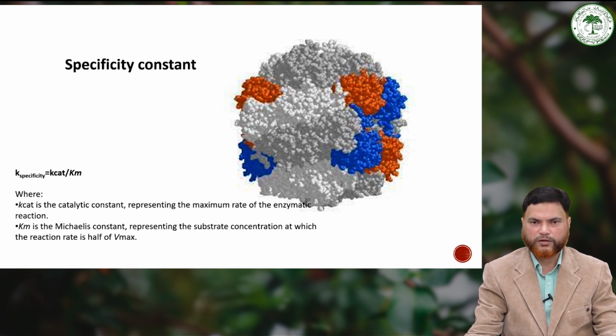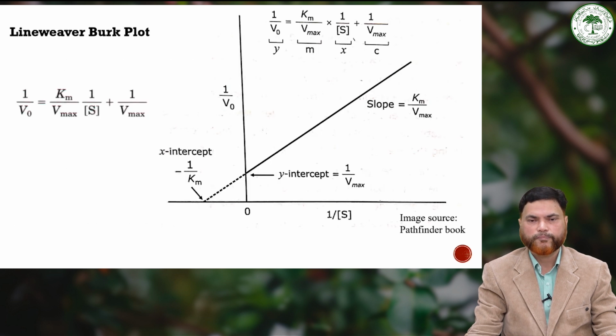Enzyme specificity constant can be calculated by the simple equation: catalytic constant upon Michaelis-Menten constant, kcat upon Km, where kcat, as I have already discussed, is the catalytic constant representing the maximum rate of enzymatic reaction, and Km is the Michaelis-Menten constant representing the substrate concentration at which the reaction rate is half of Vmax.